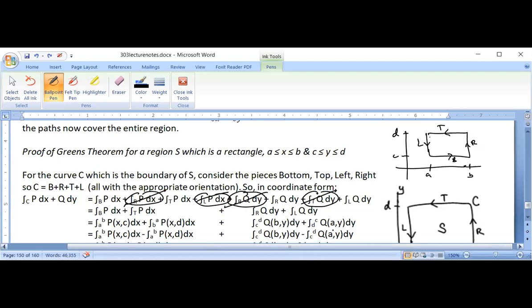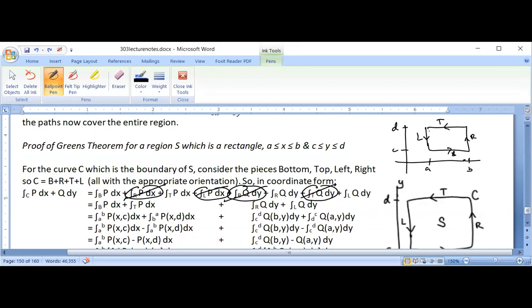Okay. But now that I've got two integrals with the same boundaries, I can just combine them. So this is the integral from c to d of q of b, y minus q of a, y, and all of that dy. Now here comes the fancy step.